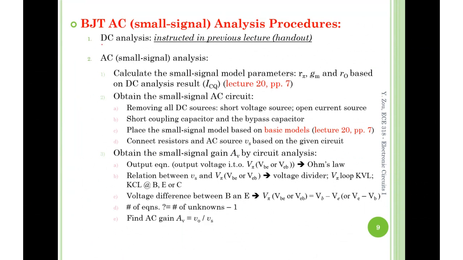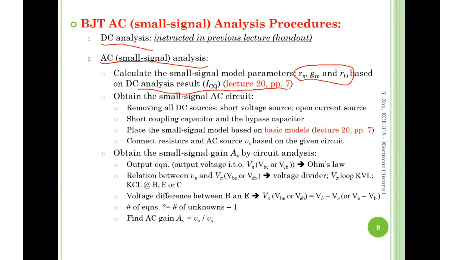DC analysis always goes first. And for AC analysis, you need to first calculate 3 parameters at the beginning. The equation formulas are available at page 7.